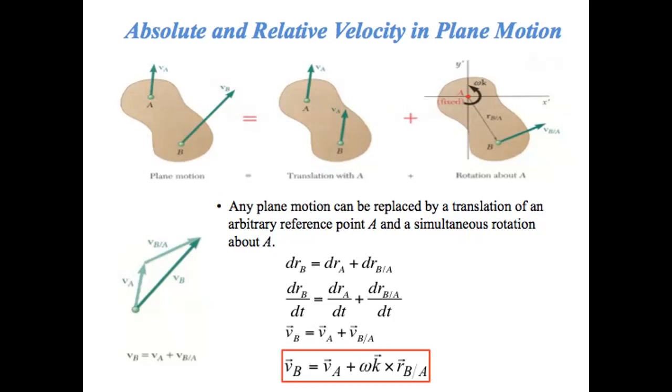Therefore, for a rigid body undergoing general plane motion, the relative velocity V_B/A can be determined as the cross product of omega, that is the angular velocity vector, times r_B/A, that is the relative position vector of particle B with respect to A.